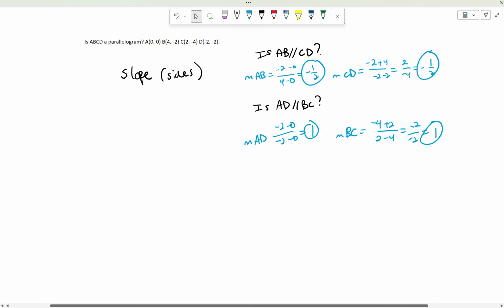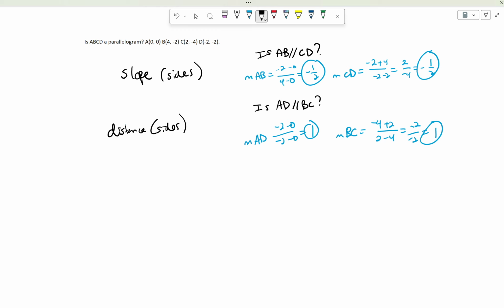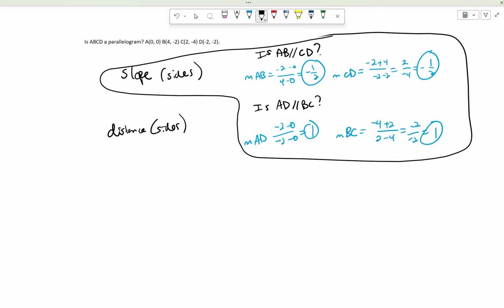Like, for example, if we did slope, we also could just do it with sides too, being with the distance. So what we need to show, okay, so this is for the slope. Let's do it with sides.